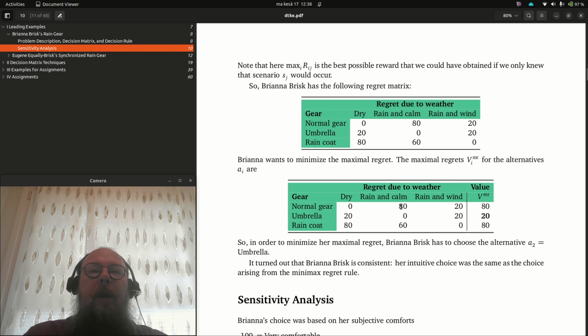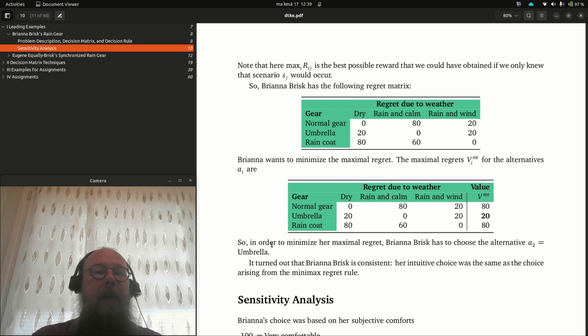So normal gear gets us maximal regret 80. Umbrella gives us maximal regret 20 here and here, so that's 20, and raincoat gives us a maximal regret 80 in the case it's dry, just 80. So the minimal regret is 20 for umbrella, so we have reached the decision.